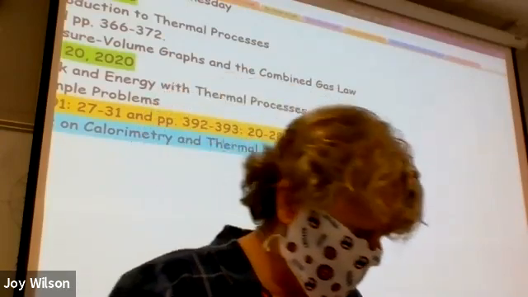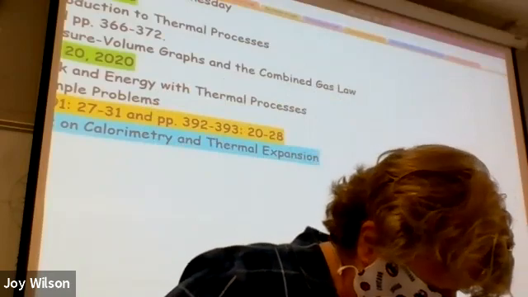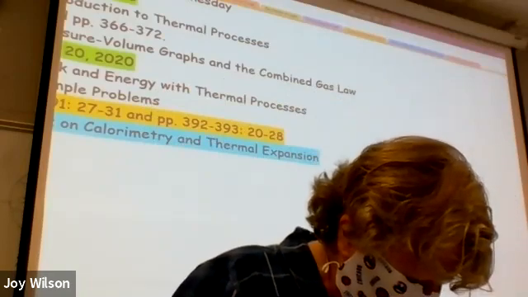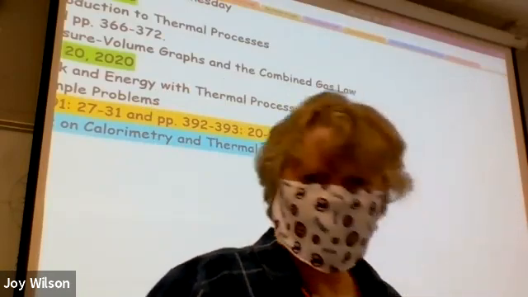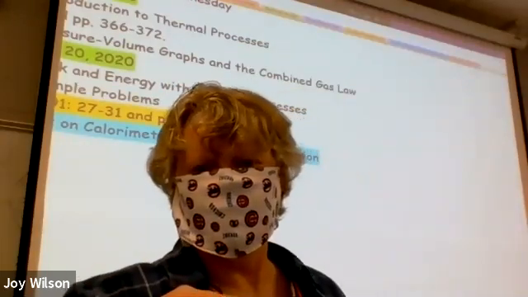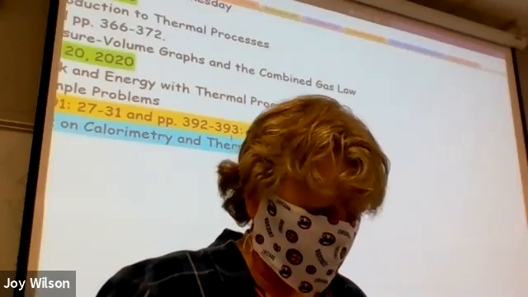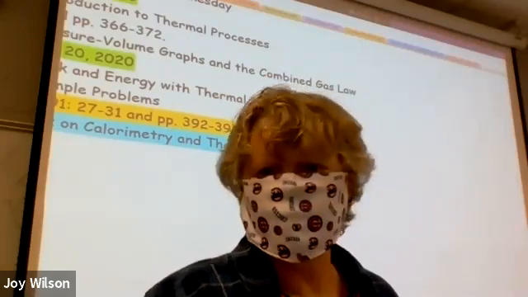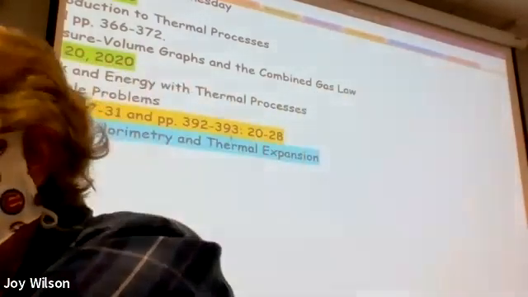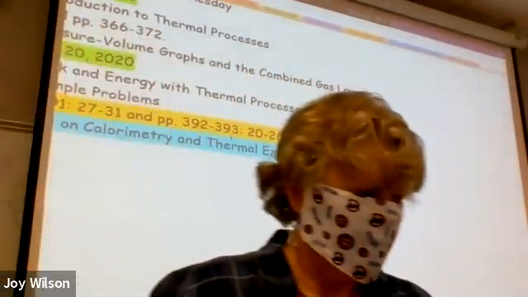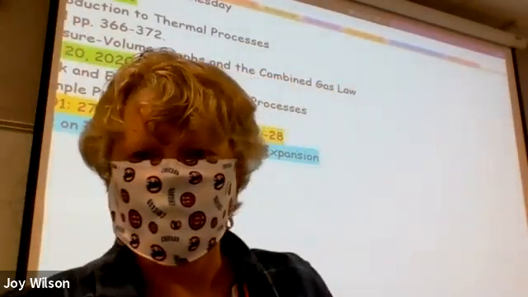So I thought you could figure out what you couldn't. What kind of process is it? Since it's a horizontal line, it's isobaric. What is the final temperature? What you're going to do is P1 V1 over T1 equals P2 V2 over T2 and use the ideal gas law.